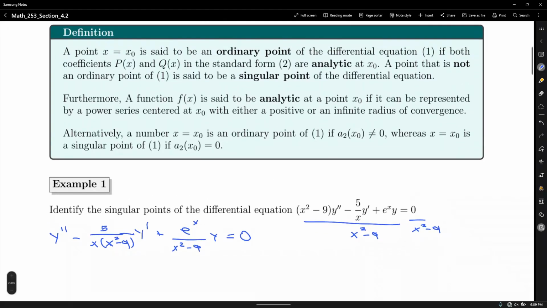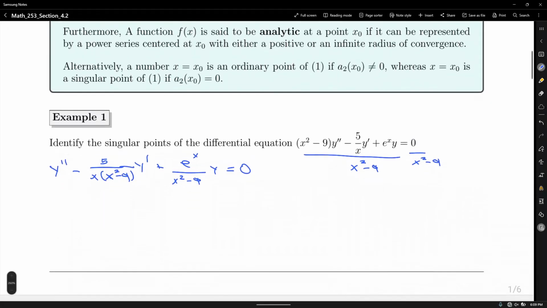I know that the definition is very technical, but translated in a way that we can easily understand, singular points are whatever makes the denominator equal to 0. We'll see an example about it. So I'm going to set x times x squared minus 9 equal to 0.